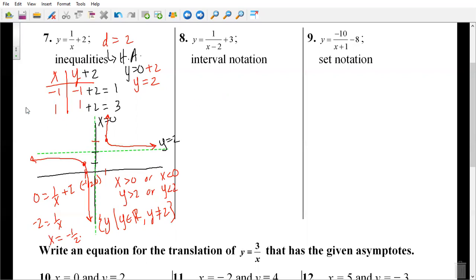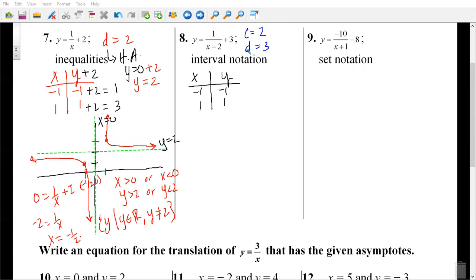So on 8, we're given our C and our D. So we know that C equals 2 and D equals 3. And because of this, we're changing both values, right? So we have negative 1, 1, and 1, 1. Remember, we're going left and right, up and down.